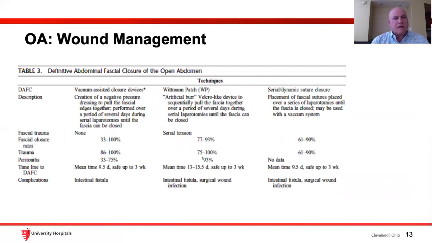Closure can also be achieved in patients with fairly wide wounds, using delayed techniques such as vacuum-assisted closure devices with or without serial dynamic suture closure, or the Whitman patch with its set of adjuncts to achieve fascial closure over generally the second week.